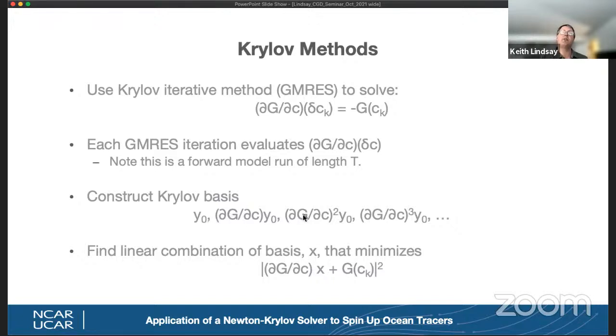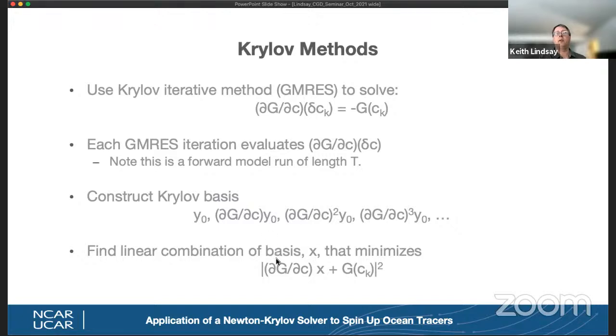And from this Krylov basis, which is built up by sequentially multiplying your current vector by the matrix, doing these matrix vector products, we look for a linear combination of these vectors produced in the Krylov basis and refer to that as X. And we want the linear combination that minimizes the residual from the linear system of equations that we're trying to solve.